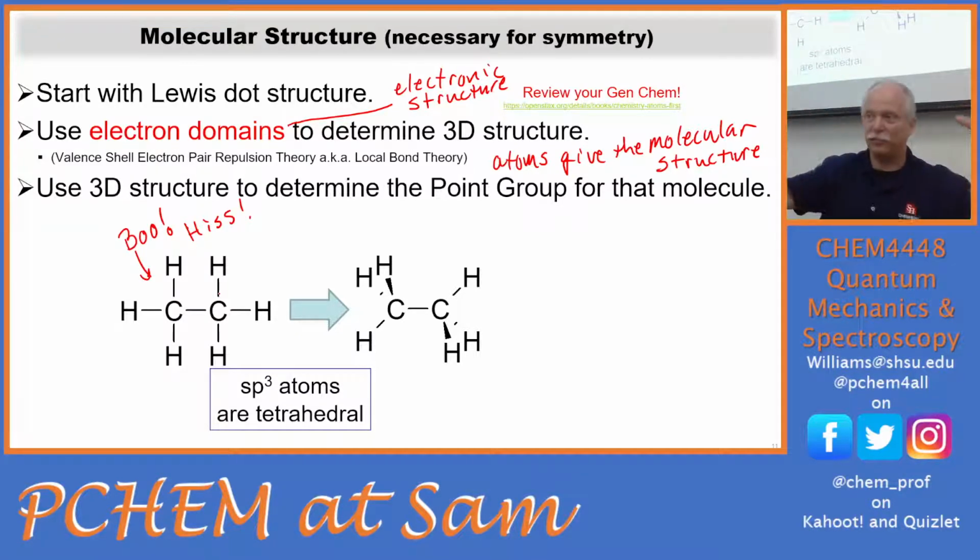You need to let it go 3D because we want to describe real molecules. The reason this is boo is that this is a 90-degree angle, and that's not accurate. Each of these carbons has a tetrahedral electronic structure, so we know these angles are 109.5.